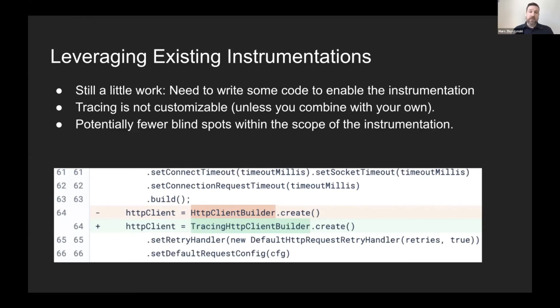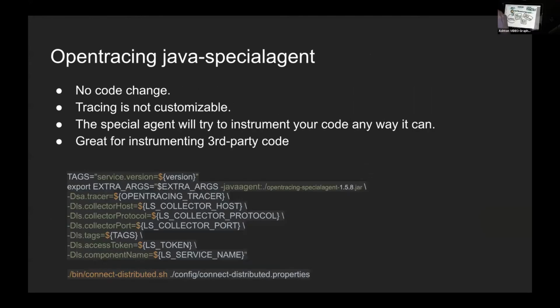The good part is that you can reduce those blind spots that I mentioned before, because you're instrumenting one whole list of functionalities. For example, you're adding spans to all your HTTP requests or all your SQL queries, things like that. And here's an example of a pull request where we added our tracing to all our HTTP requests. All we had to do was add this new dependency and then change the class we were using to take advantage of tracing. So that was pretty nice.